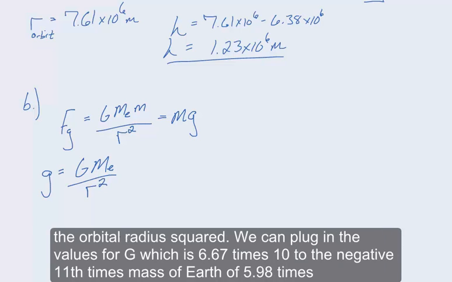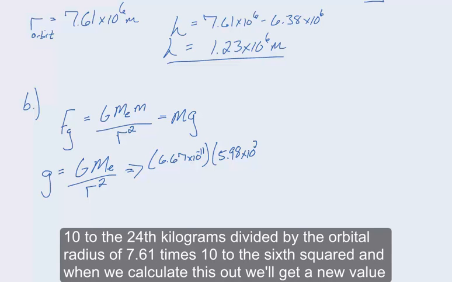divided by the orbital radius squared. We can plug in the values for G, which is 6.67 times 10 to the negative 11th, times the mass of Earth of 5.98 times 10 to the 24th kilograms, divided by the orbital radius of 7.61 times 10 to the 6 squared.